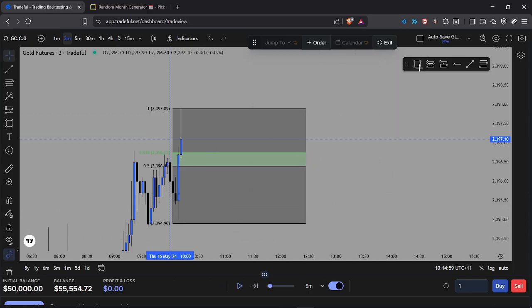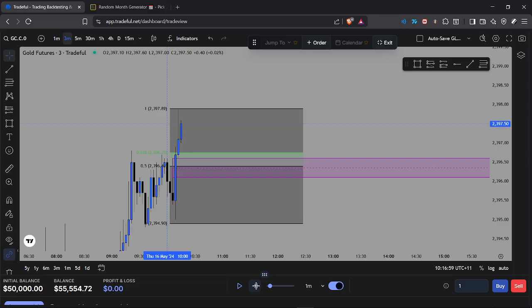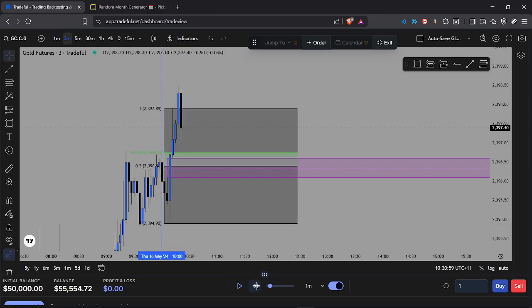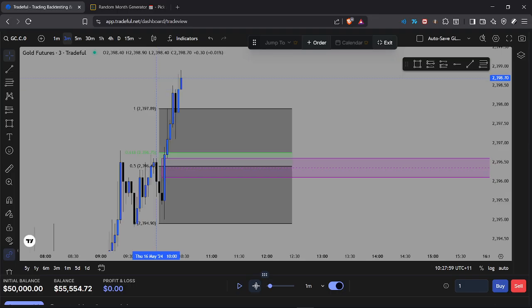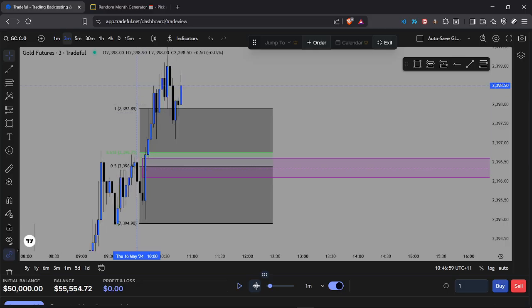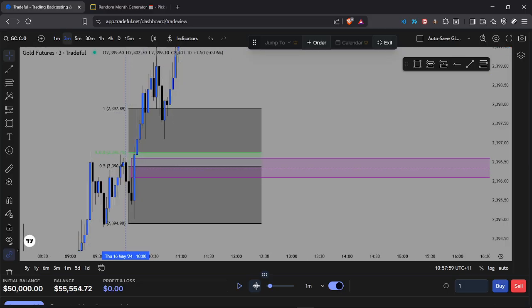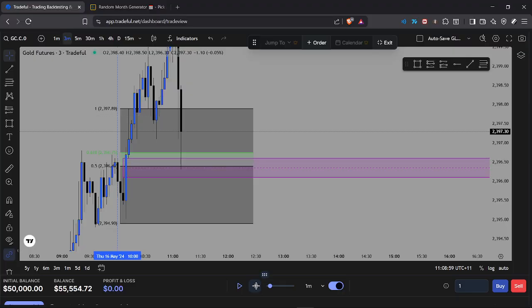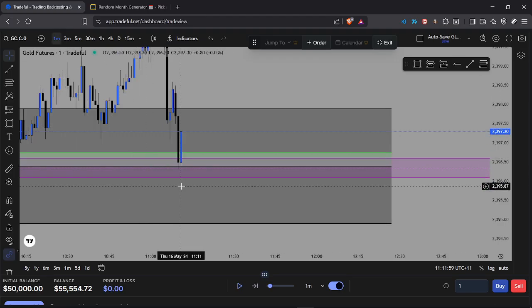Okay, we already have our gap too, so that's good. So now $11.09, so it's gonna go to $11.11.